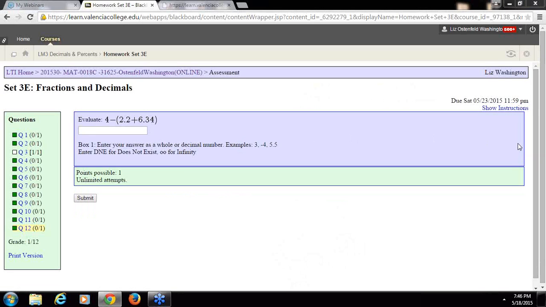I'm going to do this one because I want to make sure you guys know what to do with this negative sign. Again, I'm going to do what's in the parentheses first. In the parentheses, I have addition. So I'm going to go ahead and add these decimals together, making sure I line up the decimals. And then I have 4 minus 8.54.